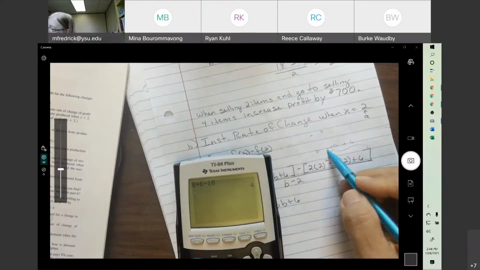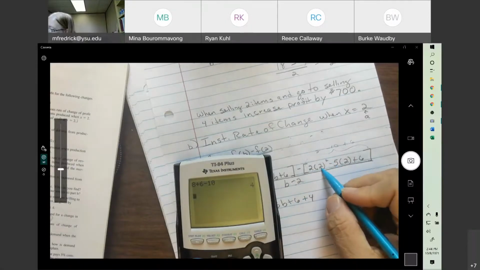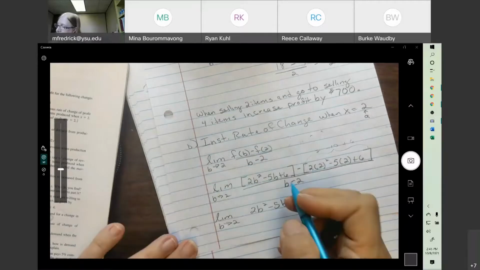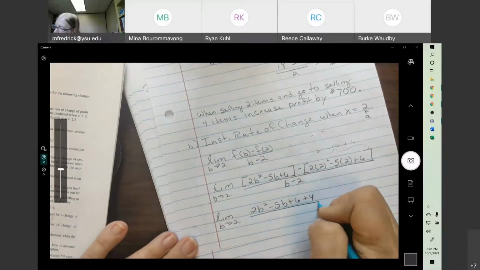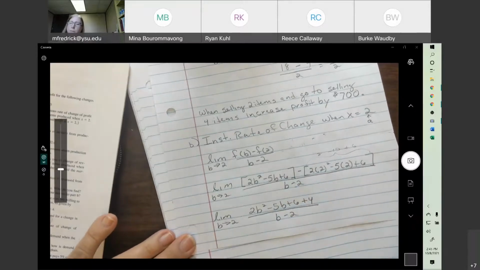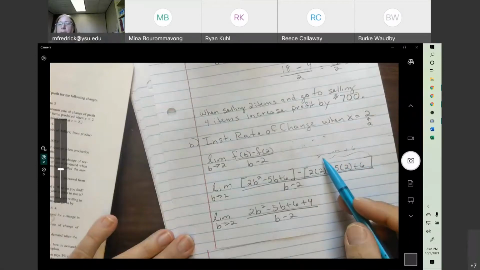So 14 minus 10 is 4. Just want to make sure I didn't make a mistake. Okay. Any questions so far? So I calculated this and I got 4.